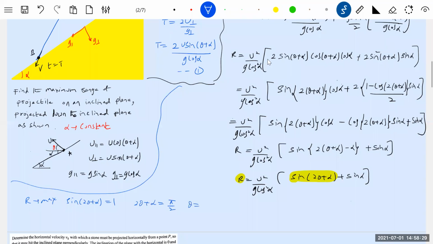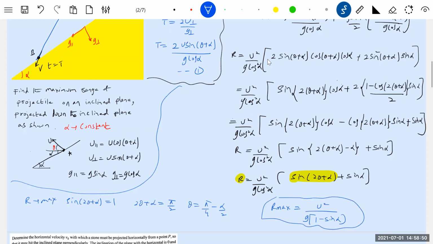So theta should be equal to pi by 4 minus alpha by 2. Substituting this value, we'll end up with 1 plus 1 minus sine alpha. Now I'm directly writing, solve it later on.